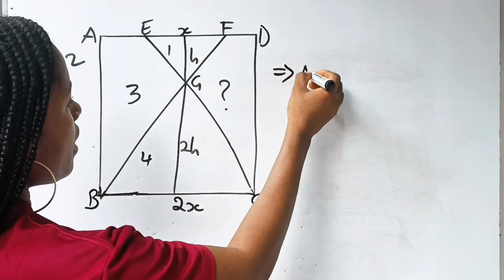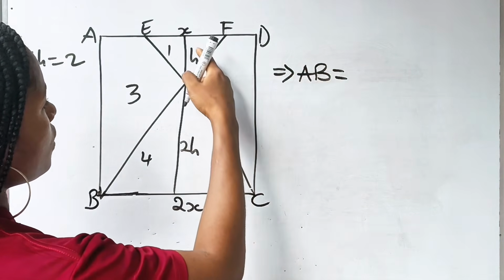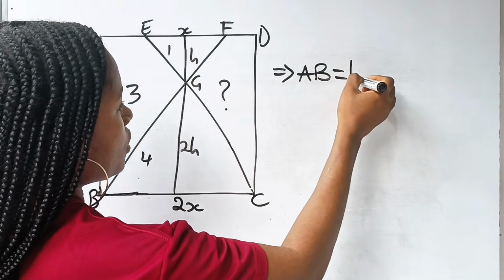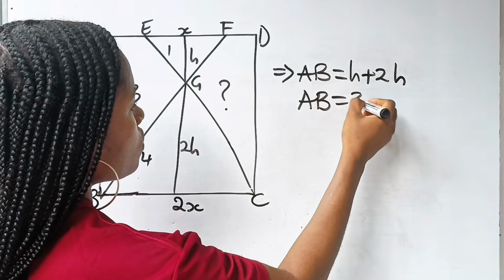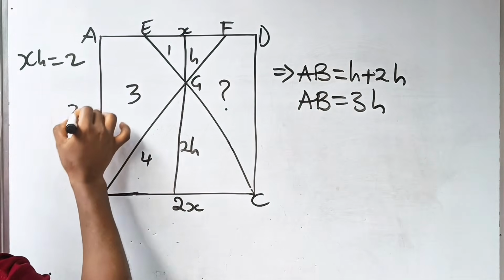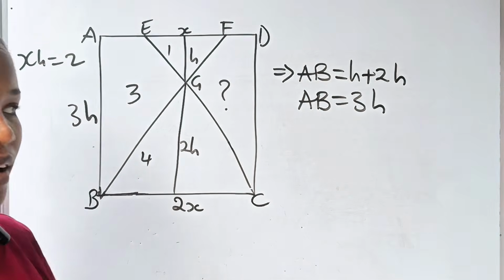So this implies that AB is equal to h plus 2h. So we can say that AB is equal to 3h, right? So permit me to write 3h here.